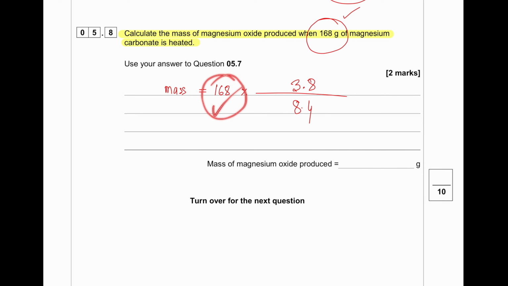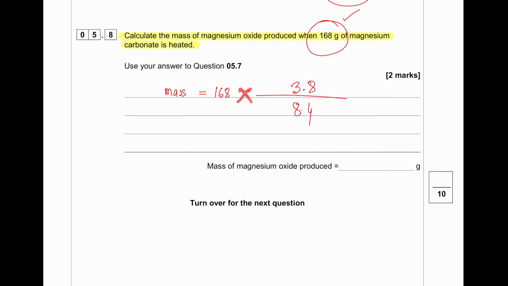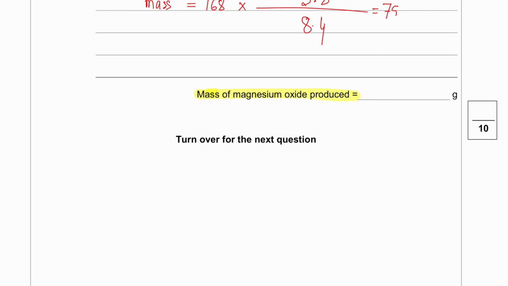to find out for 168 grams, so we're going to divide the 168 by 8.4, and then because our previous result for 8.4 gram was 3.8, if we multiply that particular 3.8 with the answer that we're going to receive from this division, the answer comes 75.99, so we can make it equivalent to 76 grams.